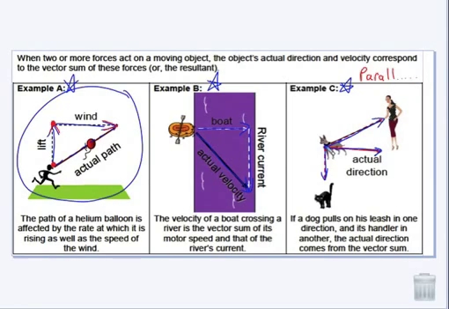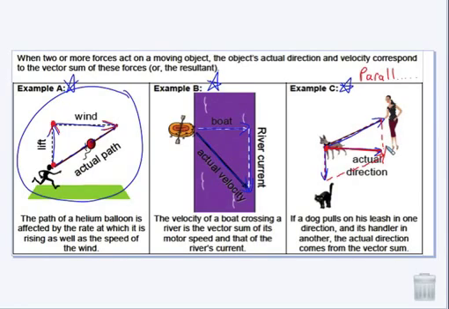Okay, so example C is your parallelogram example. So notice that they're both starting at the origin of the dog. Both vectors are starting there, and they're going different directions, okay? And then the resultant is going to be this path here. Well, if you wanted to find the other parts of the parallelogram, it would look like this. So that's how we're getting this resultant.